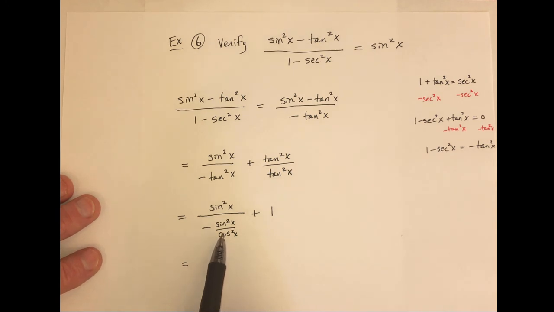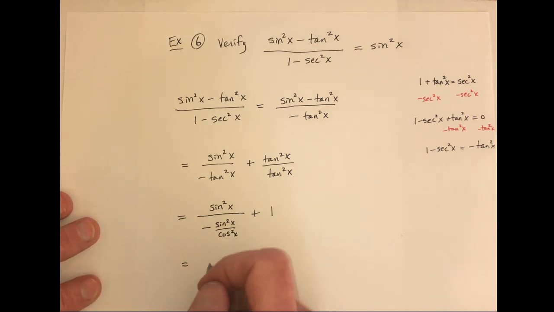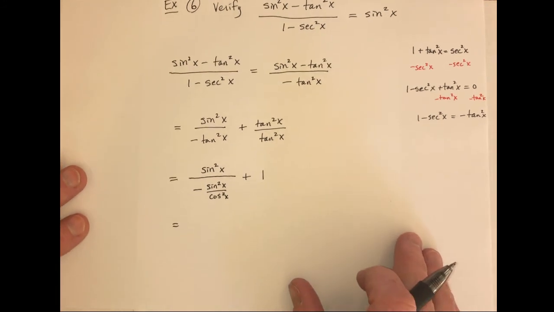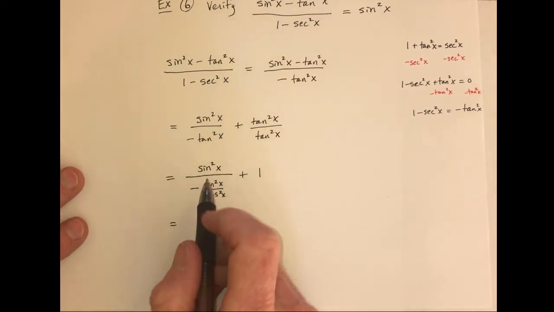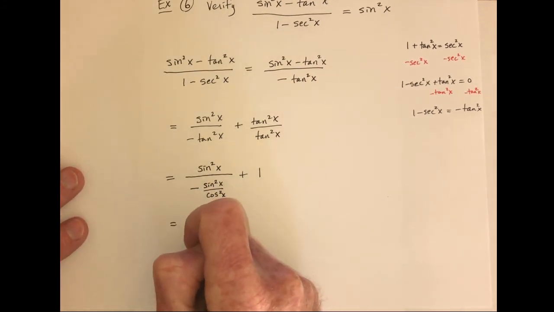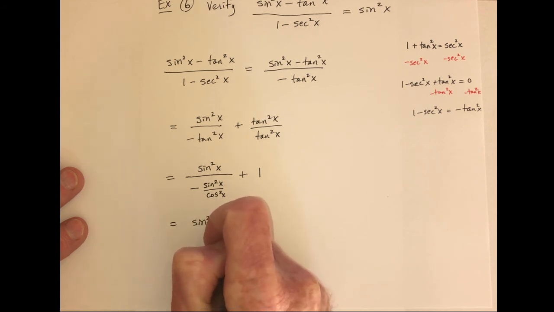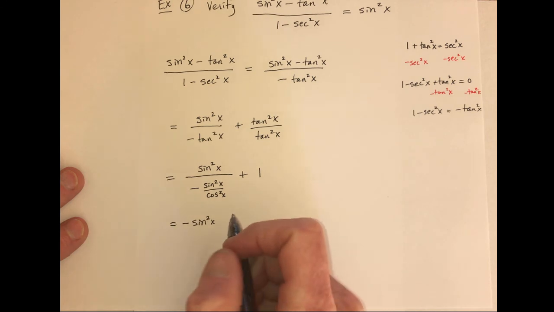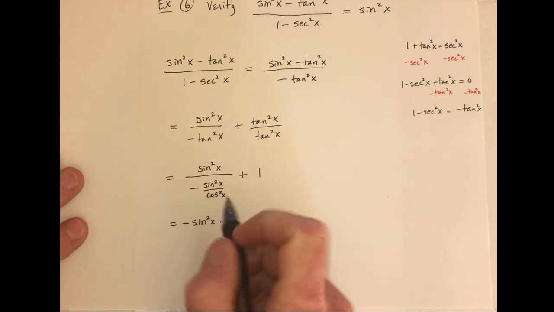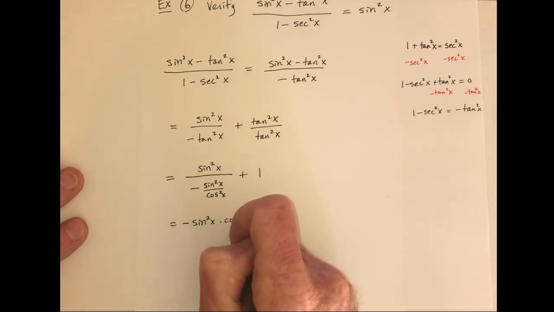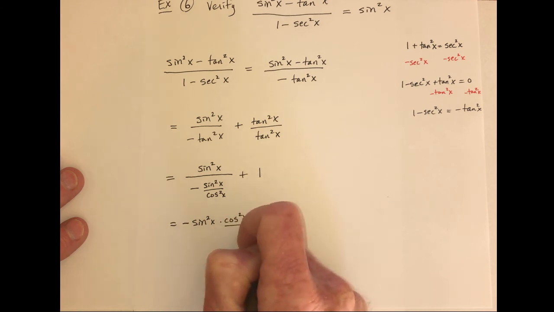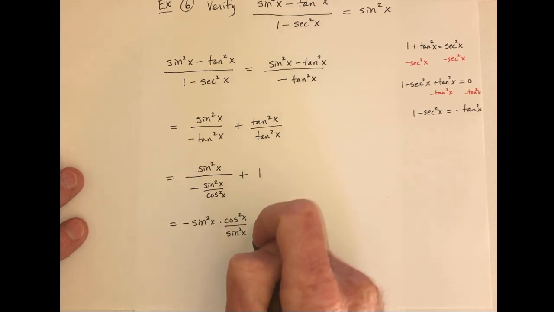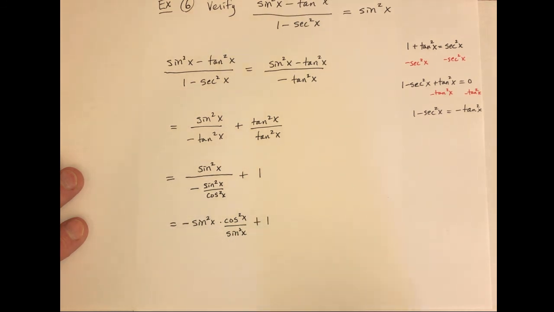For the next step, when you are dividing by a fraction, that means multiply by the reciprocal. So this original sine squared can stay there. And this negative, I'll just move it to the front right there. And now invert this so that cosine squared goes on the top and sine squared goes on the bottom. And then don't forget our little friend, plus 1.